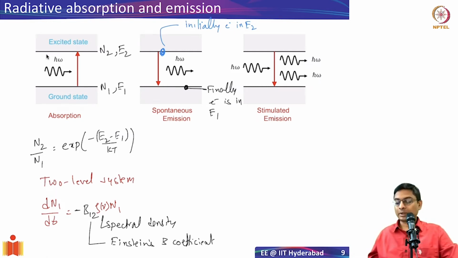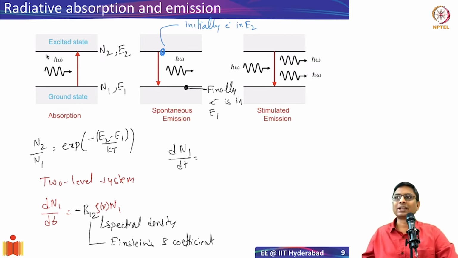Now what does that depend on? If I can write a similar equation now, basically how is the population of N2 changing?